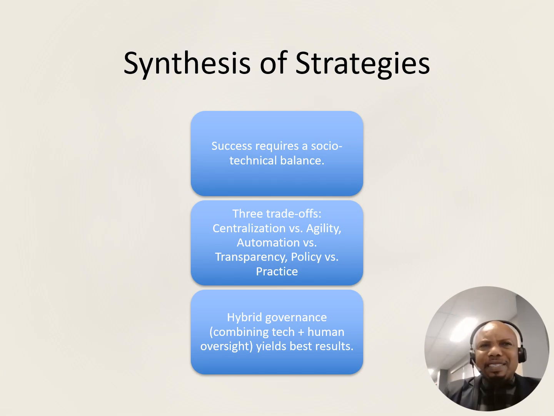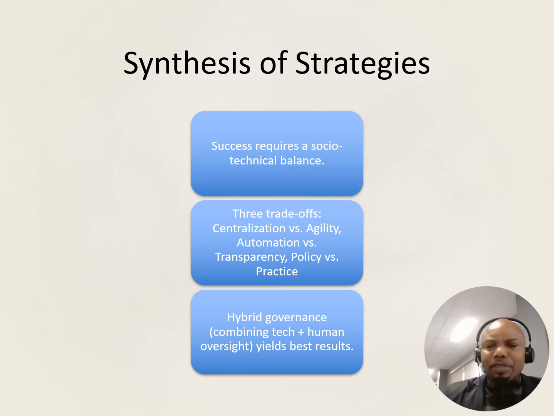The most effective systems blend technology innovation with human judgment. What I mean by this is, even though technology is engaged in the process of managing records, human judgment is also very important to make informed decisions. Hybrid governance, combining digital tools with organizational insight, has emerged as a best practice for achieving accountability and efficiency.